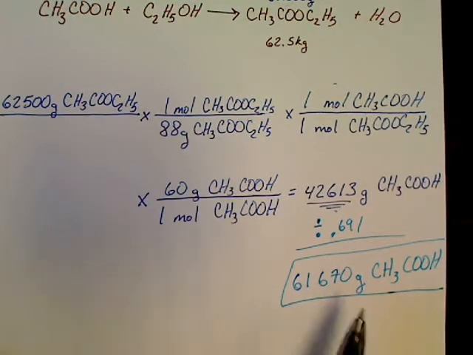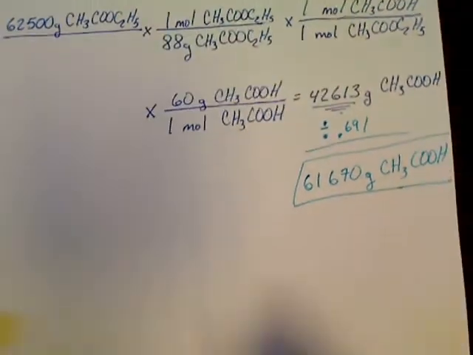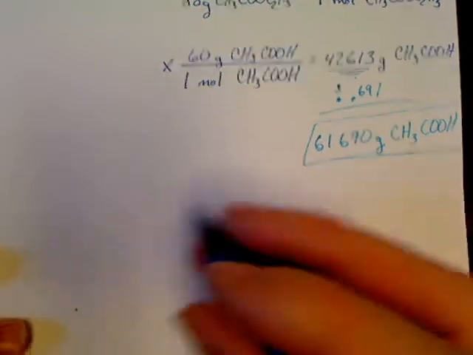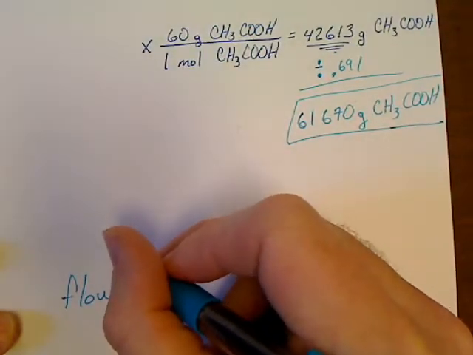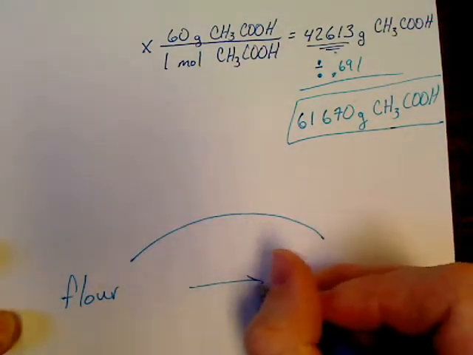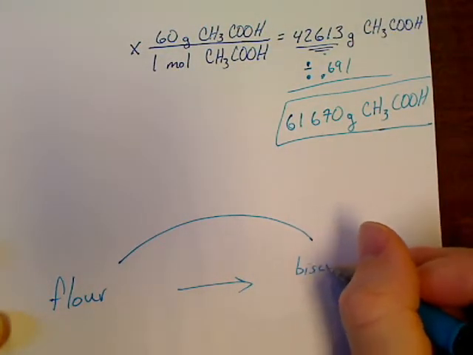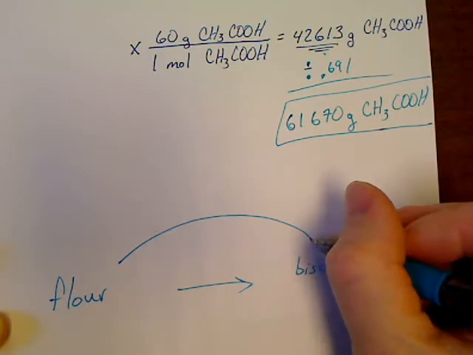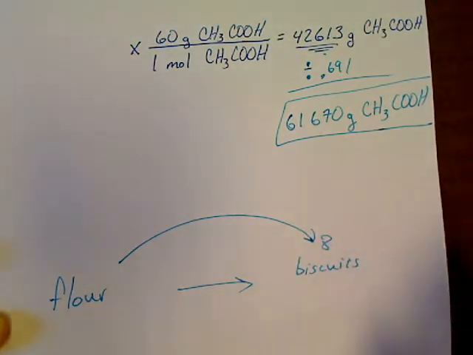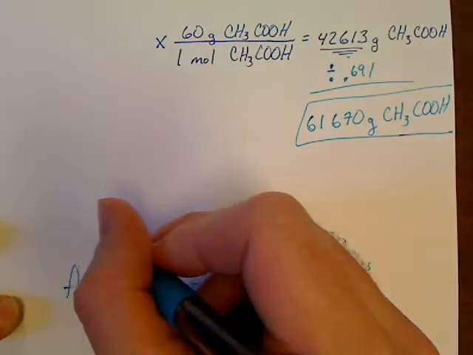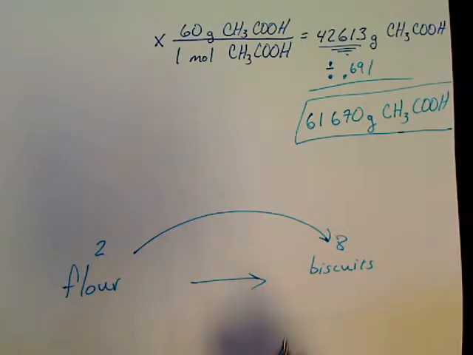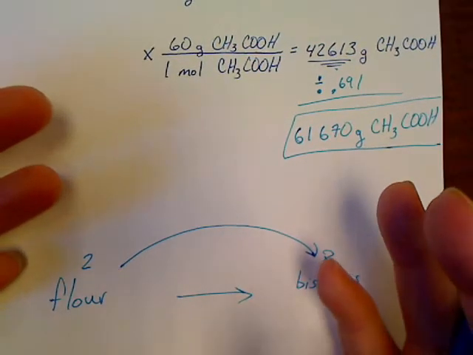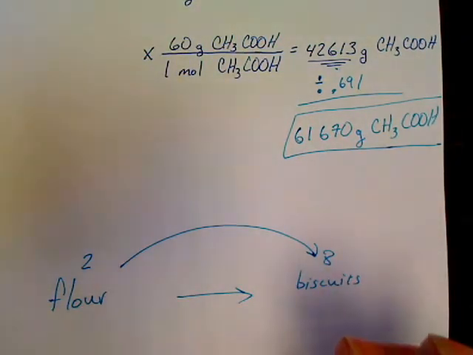We need to overestimate. It'd be like making biscuits. Let's say, here's my flour, and I'm going to try and make biscuits. I love some biscuits. The problem is, I may want to try and make 8 biscuits. In theory, I should start with 2 cups of flour to make 8 biscuits. The only thing is, if you ever saw me make biscuits, I probably waste at least 1 cup of flour.